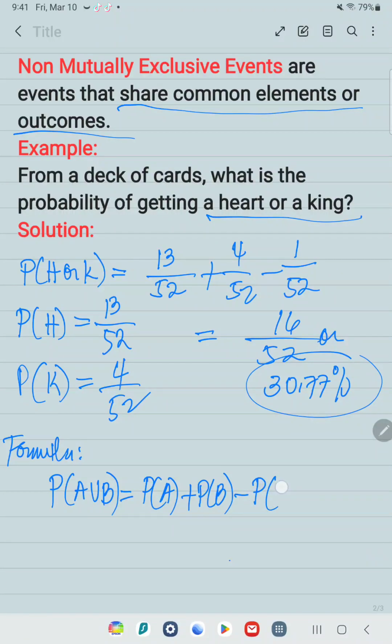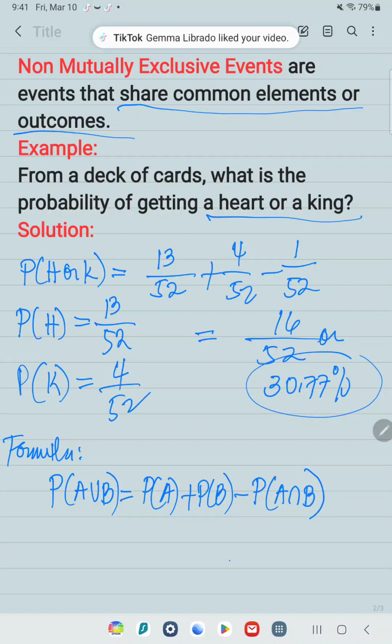That is the probability of A and B, or A intersection B. What does it mean? The probability of getting a card that is a heart and at the same time a king. So, intersection.